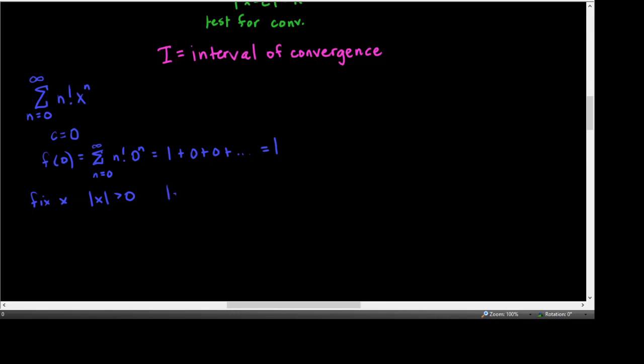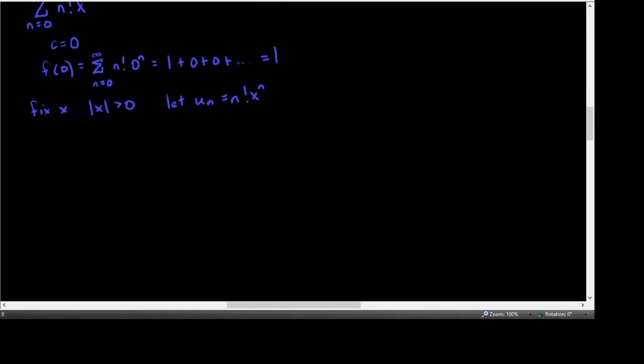If I were to let u sub n equal the expression of our series formula, n factorial times x to the nth, then the limit as n approaches infinity of the absolute value of u sub n plus 1 over u sub n.